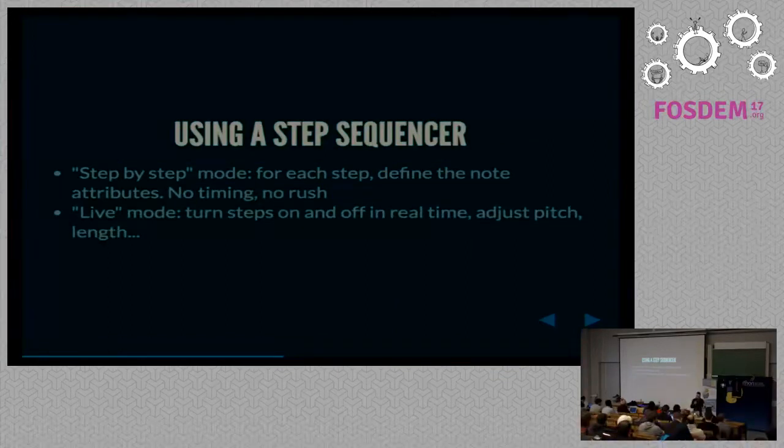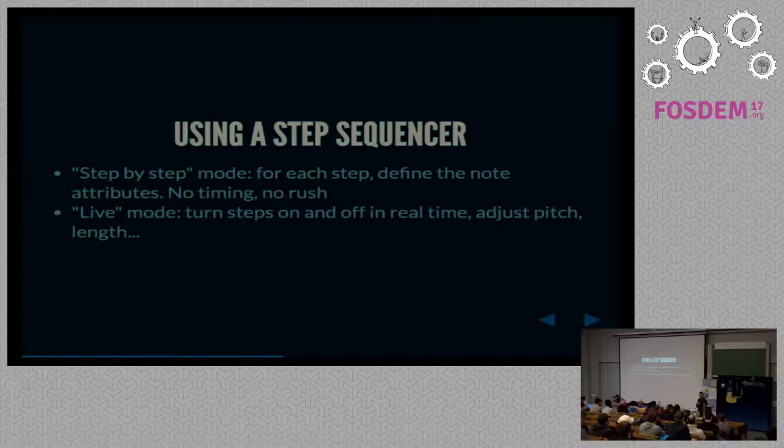So how can we use it in real life? Well, usually there are 2 modes. You have a step-by-step mode, which means that for each step we will define which note we want to play, and there's no timing, there's no rush, because we can modify everything, go back, modify a note, modify an attribute.